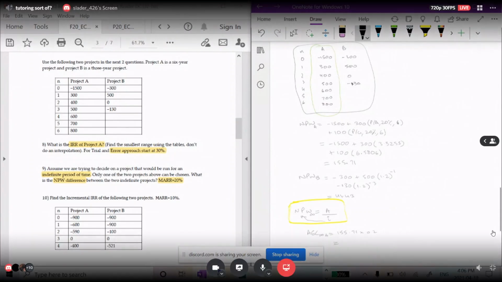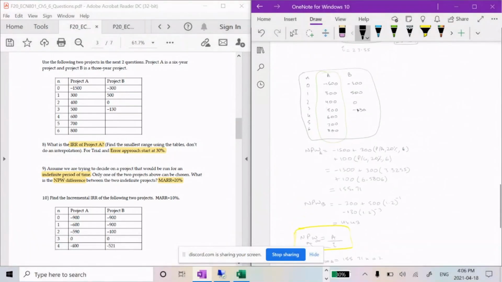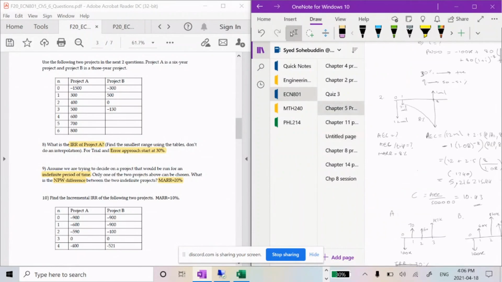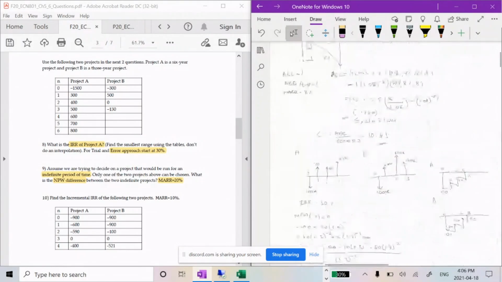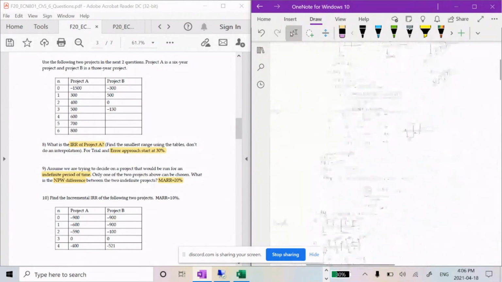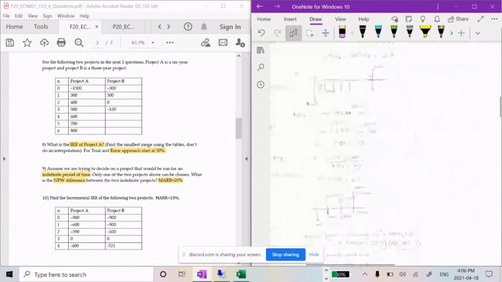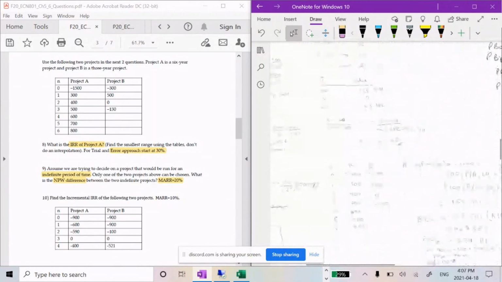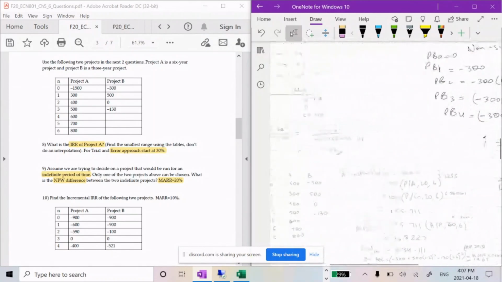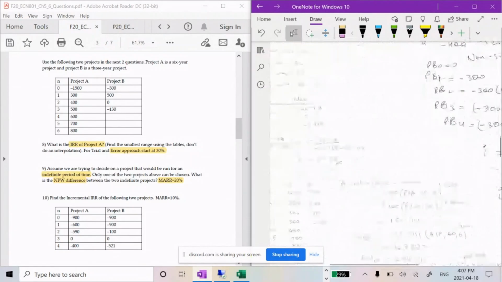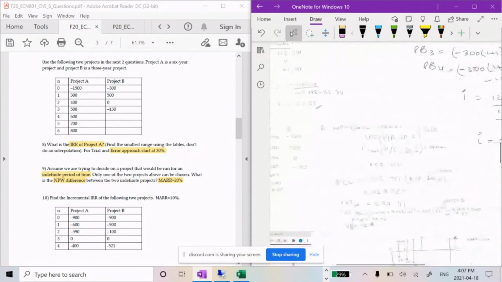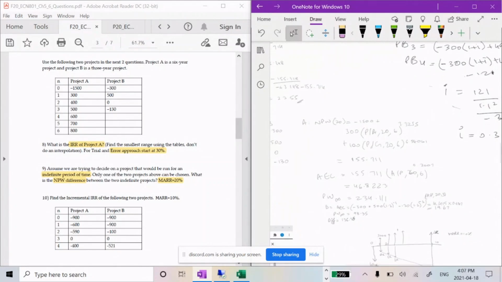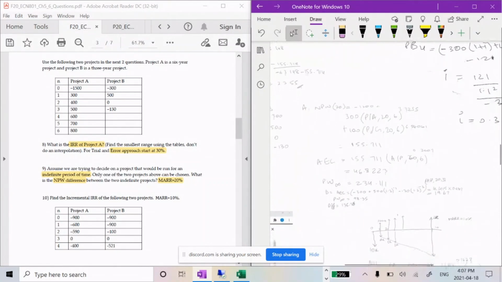Oh, I see what you're doing. Okay, never mind, but I think I did mess something up. Wait, let me check where I am. This is question number 9. I go 155.71 and then calculated the what?